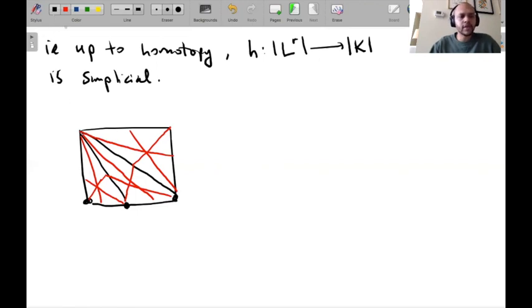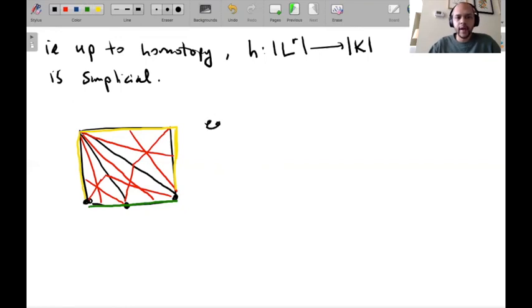But what you notice is that, first observe that the bottom edge is equivalent in the edge group of the square to this composition of the other three edges.